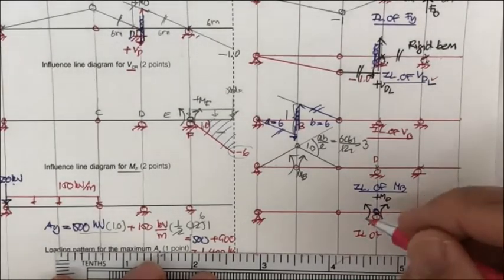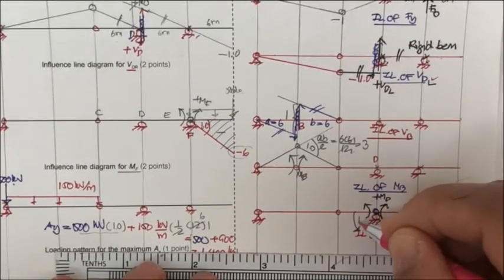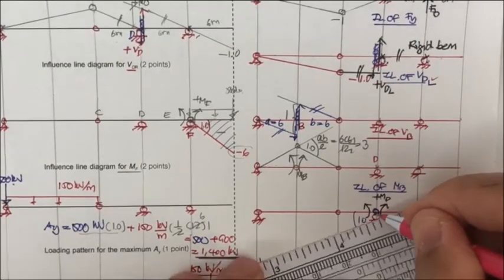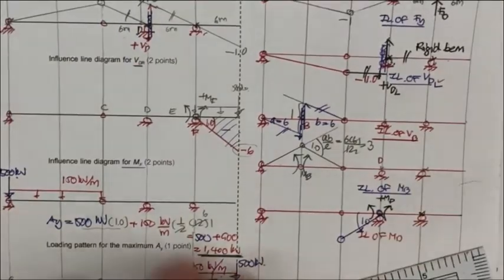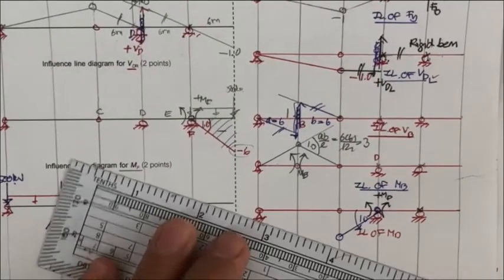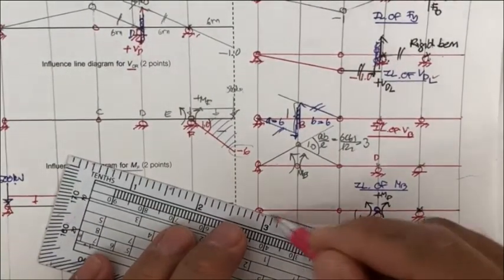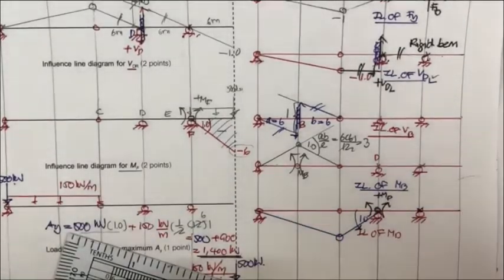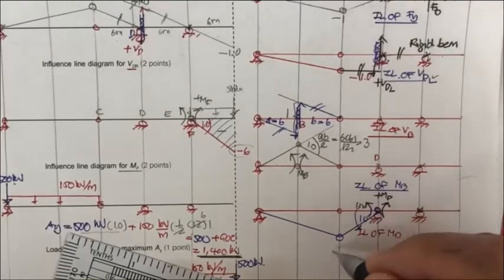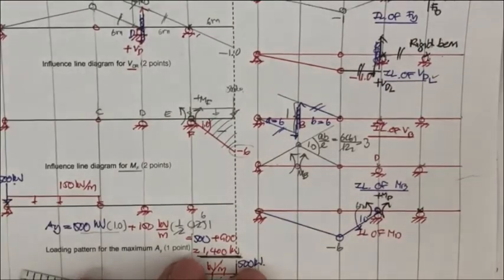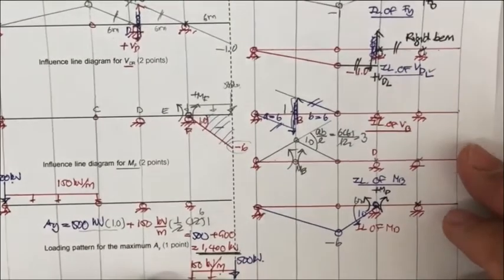When this one moves, there's supposed to be 1.0 unit here, and then the shape is going to be like this. Just connect the points here, and since this one is 6 meters, this one is 1 unit minus 6. Not that hard.